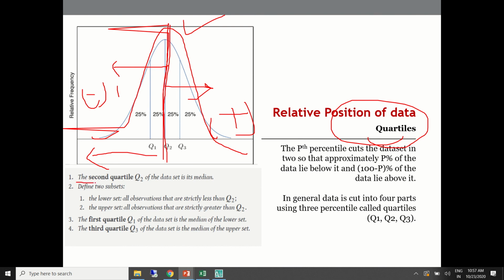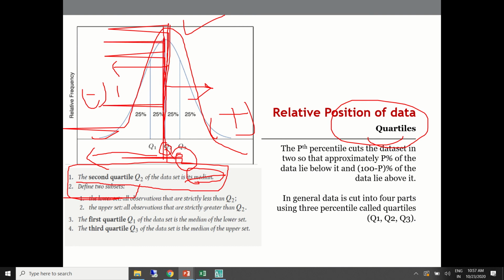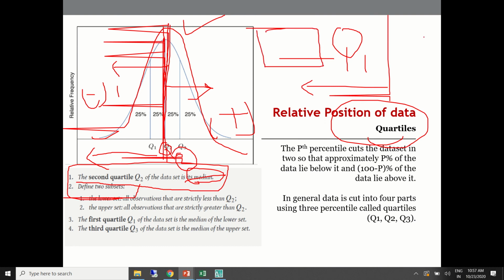First, we calculate the median, the middle value of the data set, and it is termed Q2. Then we calculate Q1 and Q3. Q1 is the middle number of the lower range, Q3 is the middle number of the higher range, and Q2 is the middle number.